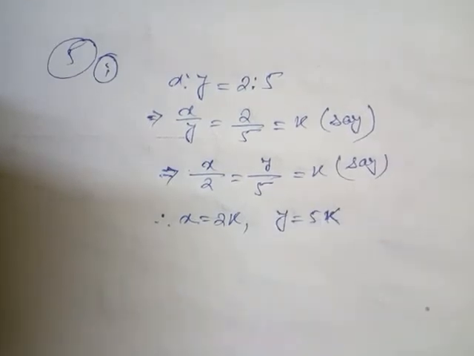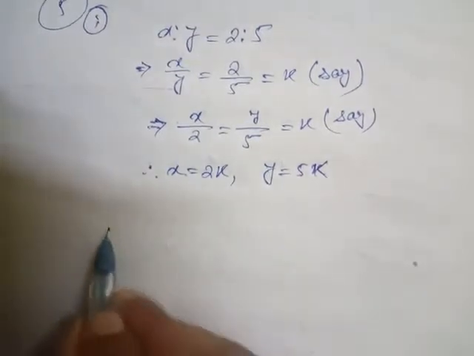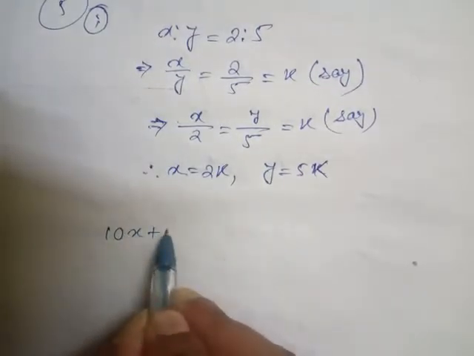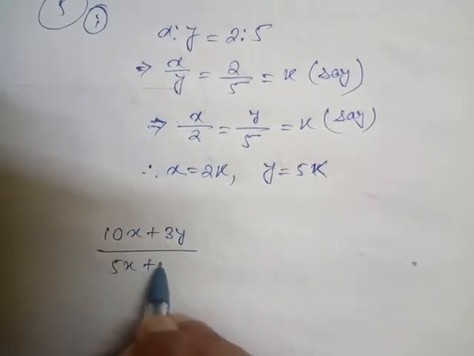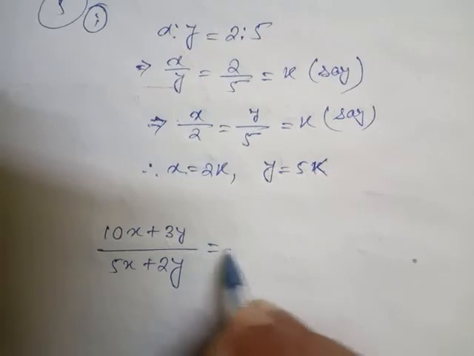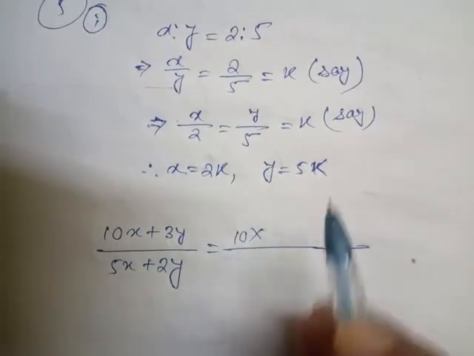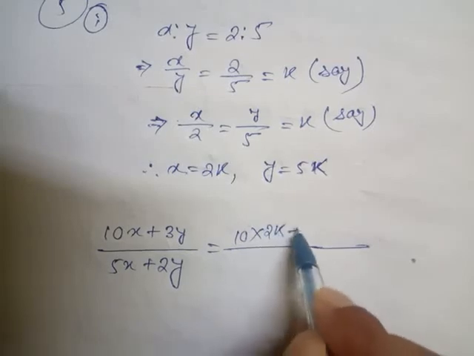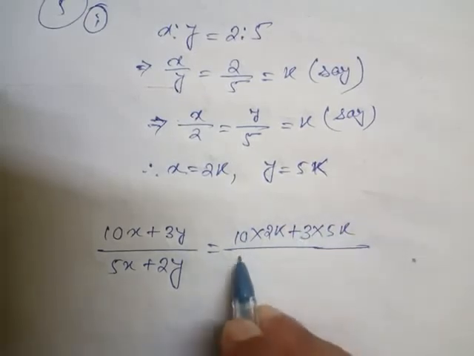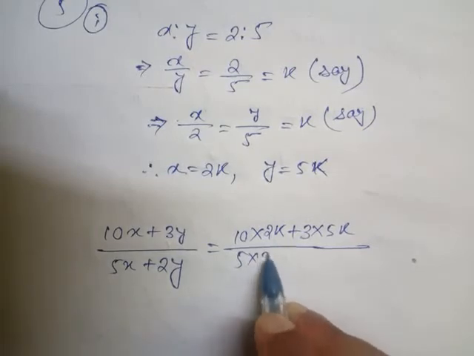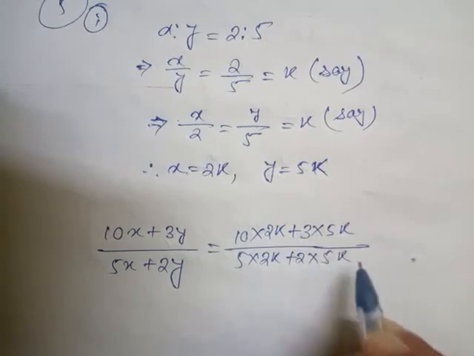Now look, students, the ratio of part 1 is given as 10x plus 3y by 5x plus 2y. In place of x and y, we'll just put down the values here. 10 into x, x means 2k, plus 3 into y, y means 5k, and 5 into x, x is 2k, and 2y, 2 into 5k.